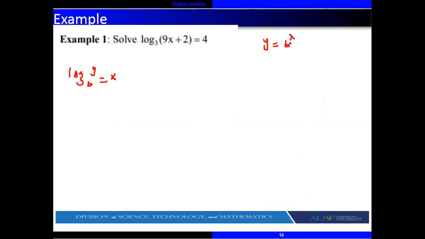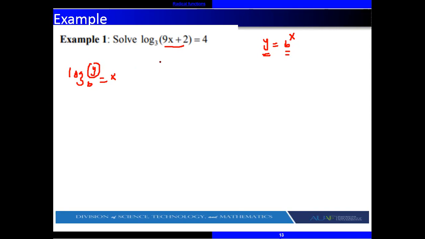B power x. So you will always receive y value positive and this b is also positive. So this means that this y is positive, this must be greater than 0. So sorry, I want to solve the x value. So no need of this, it is not for domain range.